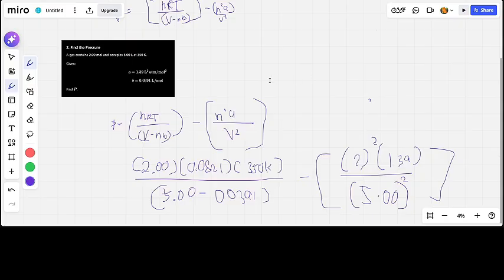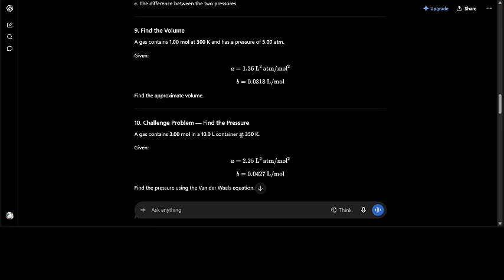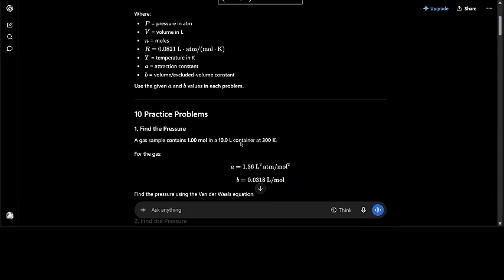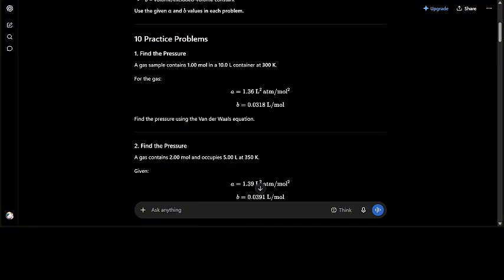5.00, 0.0821. What is the constant reading?